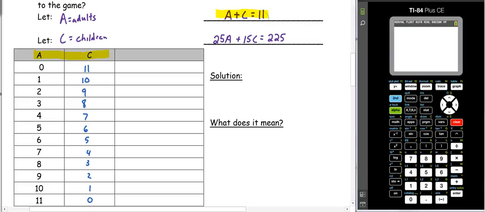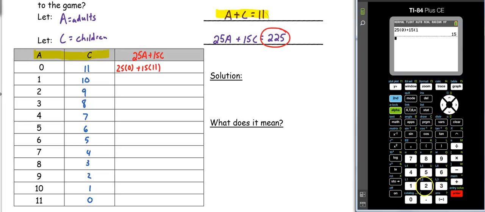Then in the last column, we're going to use the equation 25a plus 15c, and we want to get it to equal $225. So we have 25 times 0 plus 15 times 11, and we get $165.